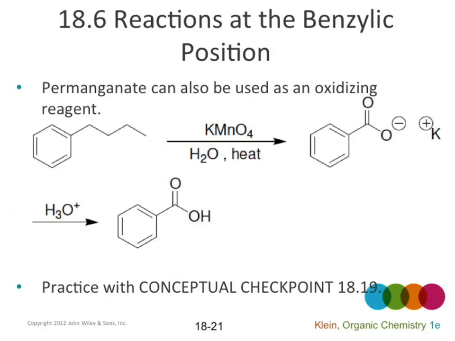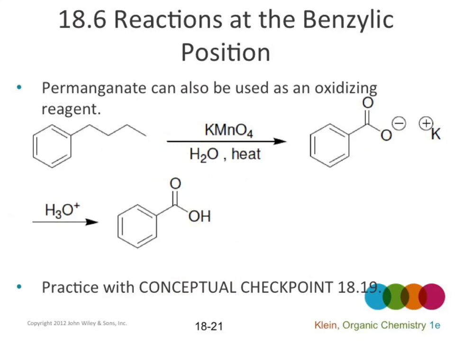You can also use permanganate, just because one oxidizing agent isn't enough. We'll throw in another one. Permanganate, remember, has been used to react with double bonds before. We could use it in mild conditions with cold and dilute permanganate to generate the diol with an alkene.